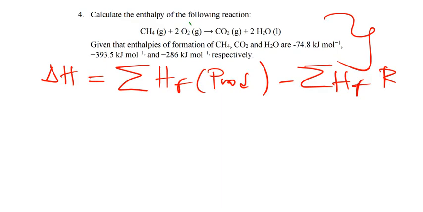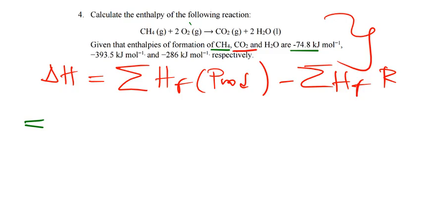So let's calculate. How do we go about it? To calculate the enthalpy of formation for the products, we've got carbon dioxide and water. The values we've been given are per mole. Carbon dioxide, we only have a single mole. If you check CH4 methane, it's 74.8.